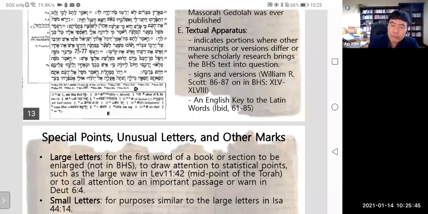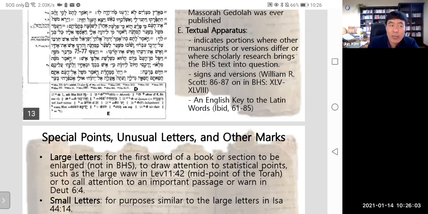But anyway, just understand that each section provides information for textual criticism. It is called the textual apparatus, and this is also made by Masoretic scholars.